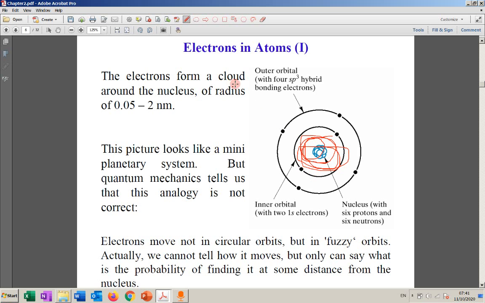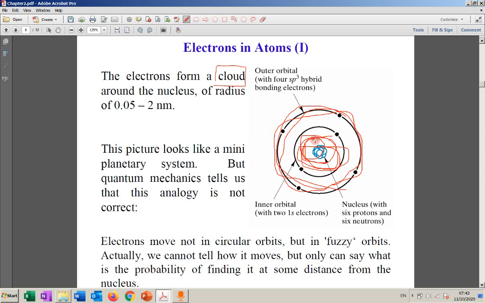They call it a cloud around the nucleus. Basically, they have an area or a radius that they're following, and they're not going to come inside here. That's why they call them orbits, due to the energy that they have.